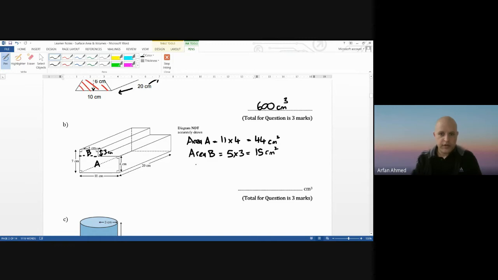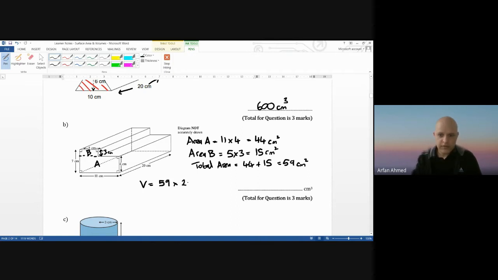So that's 15. So the total area for the L shape, 44 plus 15. What's that? 59 centimeters squared. So that's the area of the cross-section done. The volume is going to be that multiplied by how long the shape is, which is 20.